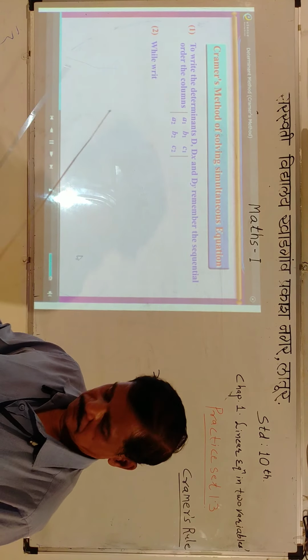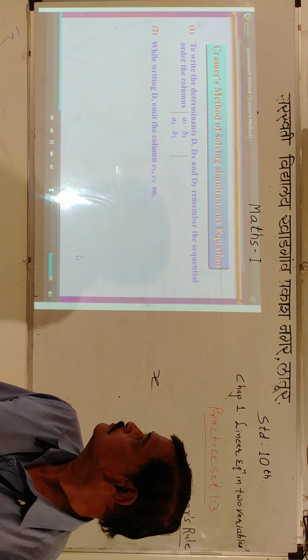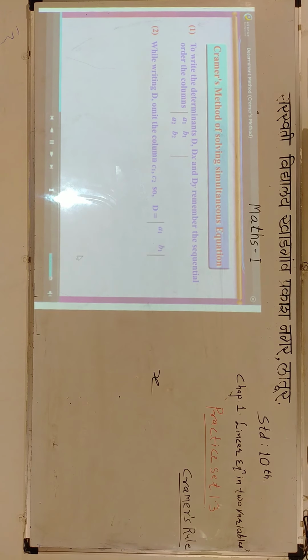While writing d, omit the column c1, c2. So d is equal to a1, b1, a2, b2. 3. For writing dx, omit the column of the coefficients of x in d, that is a1, a2, and take the column of the constants.